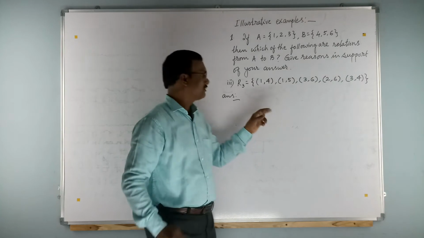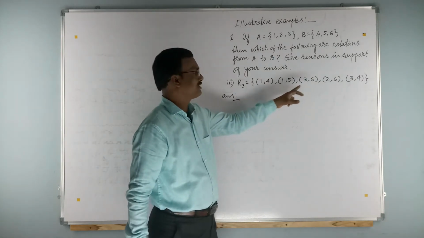Now R3 here, R3 having 1, 4, 1, 5, 3, 6, 2, 6, 3, 4.